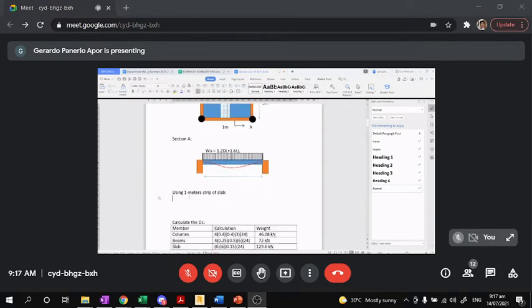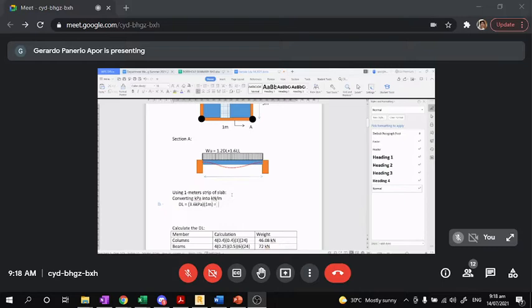So our dead load can be converted from kilopascal into kilonewton per meter. So we will have dead load equals 3.6 kilopascal times 1 meter.